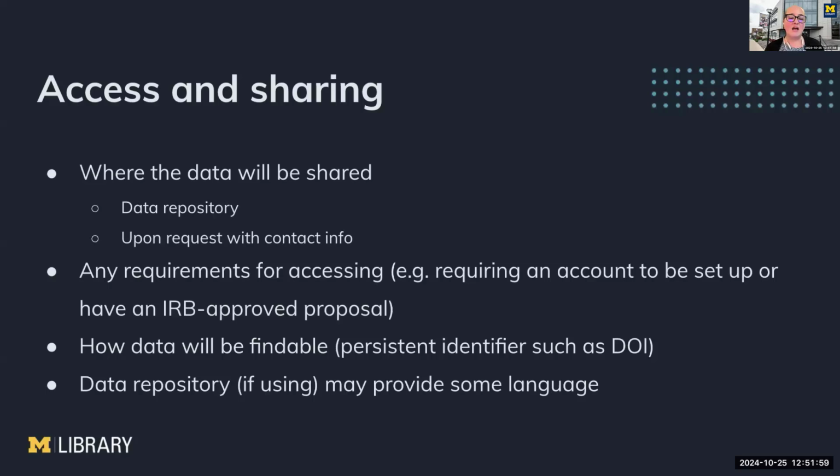You can also indicate how the data will be findable, such as having a persistent identifier like a DOI or a stable URL where folks can access the data. And again, if you're using a data repository to share the data, the repository might be able to provide some language that could be used for this part of a data management plan, for example a brief description of their repository and the access processes.